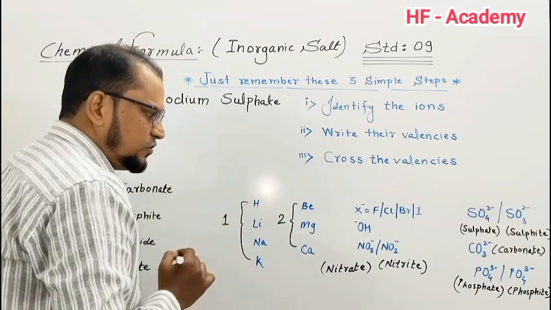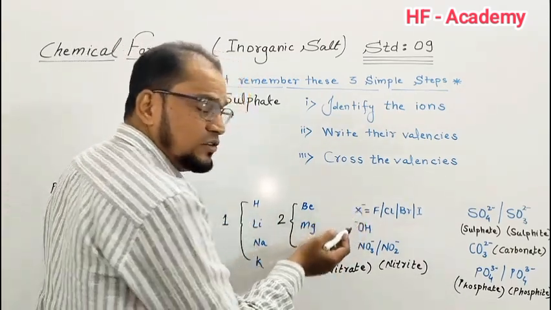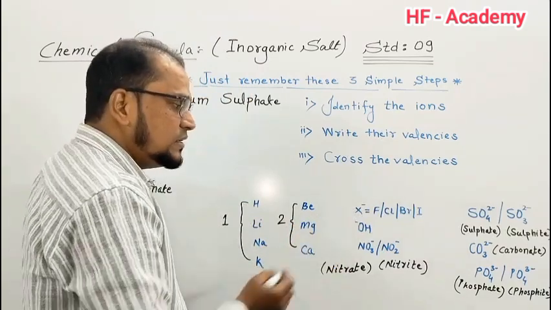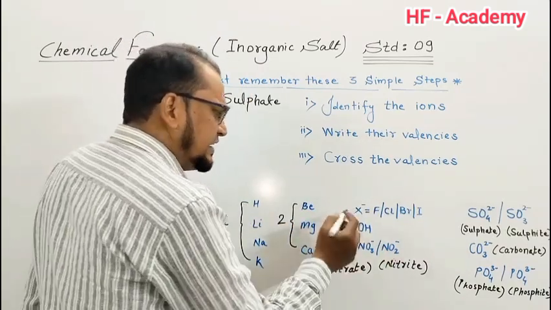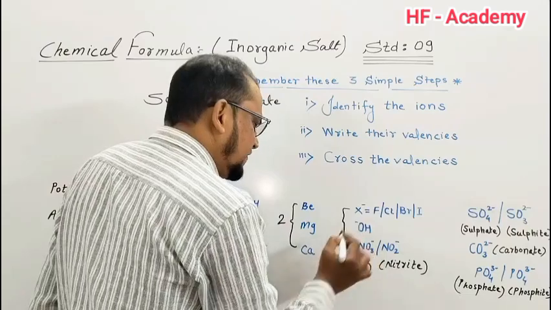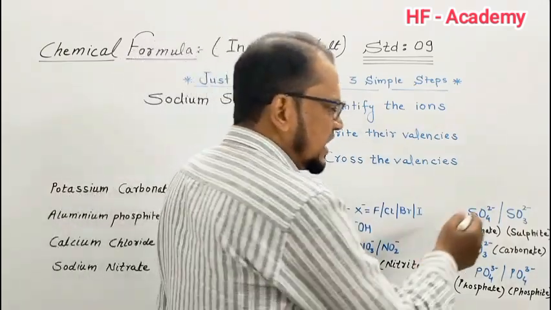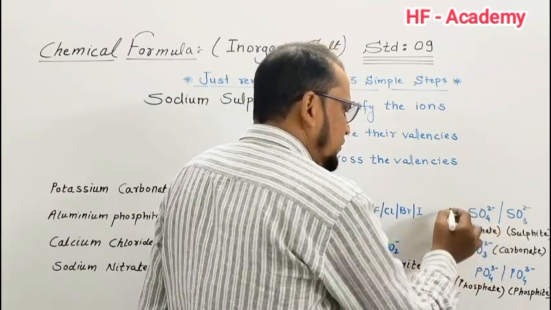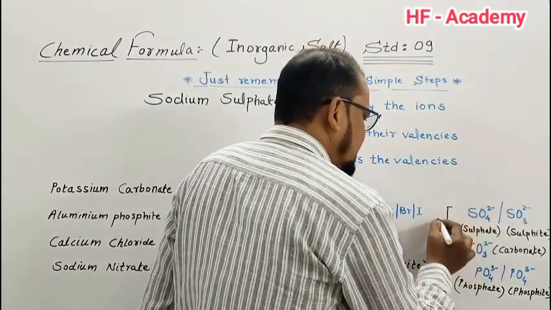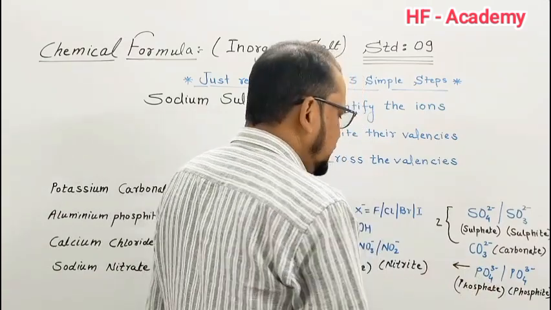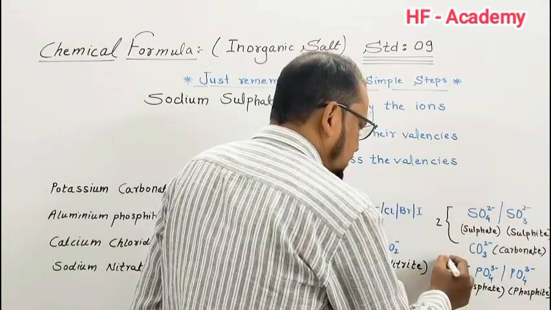Now if you are talking about the valency of halogens, halides, fluorine, chlorine, bromine and iodide, hydroxyl ion, nitrates and nitrites, so all of these have valency 1. While if you are talking about the sulfates, sulfide and carbonates, these have valency 2. While the valency of phosphate and phosphide is 3.